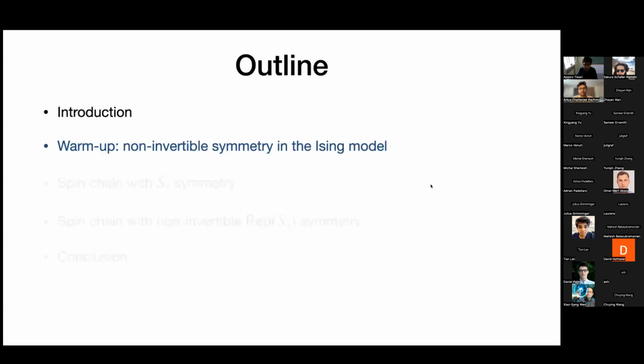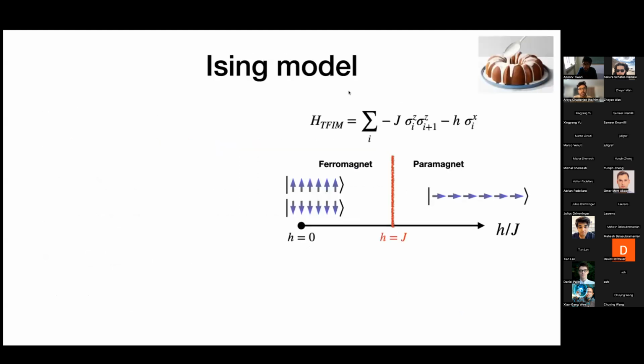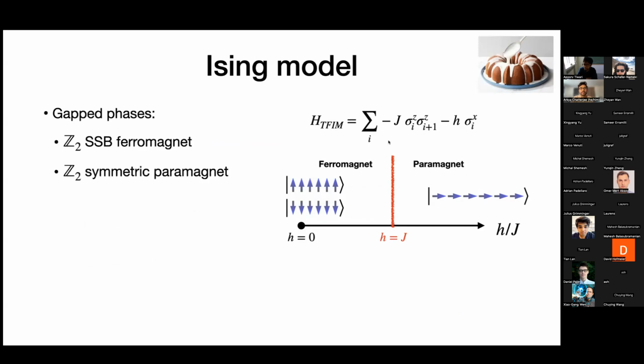All right. So that's my spiel on spin chains. Let's get started with a warm-up example, which is our favorite, the Ising model. This is the Hamiltonian, where the degrees of freedom are qubits on a chain, and we have these Pauli matrices acting on them. The phase diagram is pretty simple. There are two gapped phases.